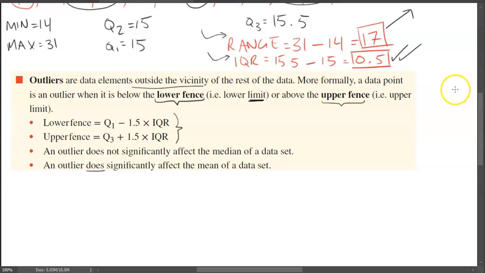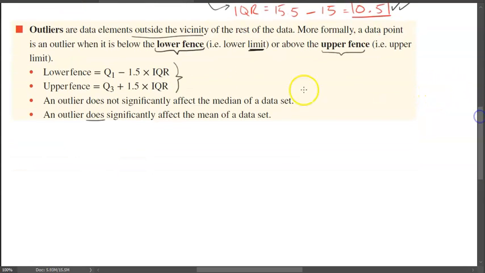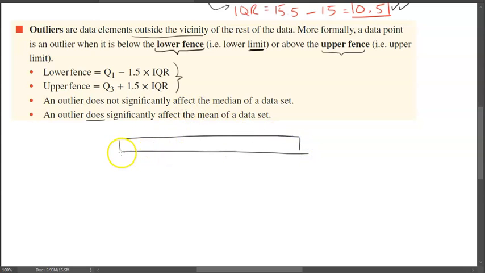But let's look at this lower fence and upper fence business. What does this actually mean? Before we get into the equations, remember that bar that I drew in the previous video in part 1 of this lesson 4.